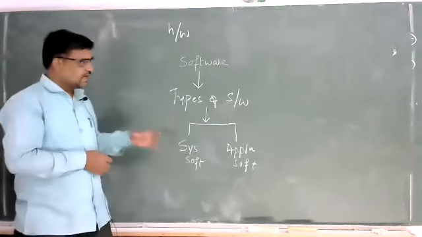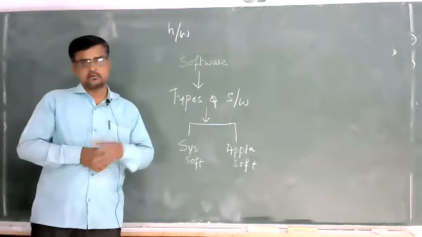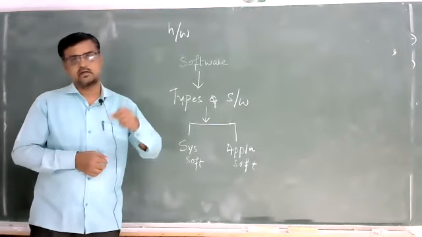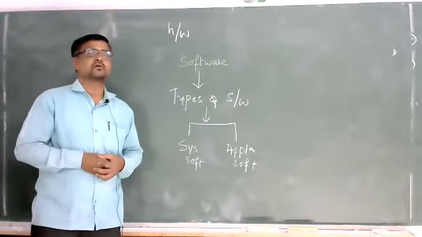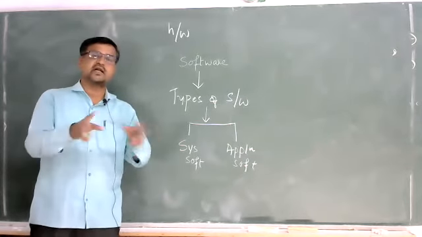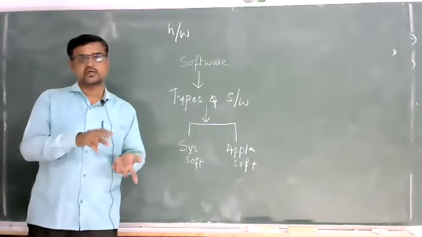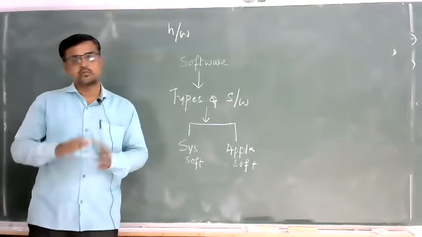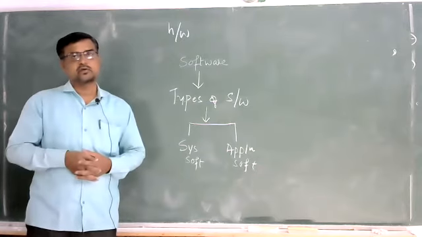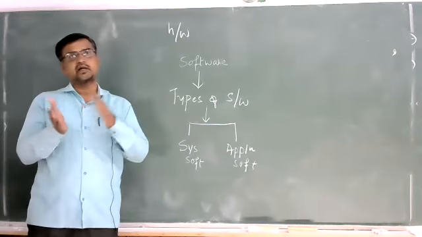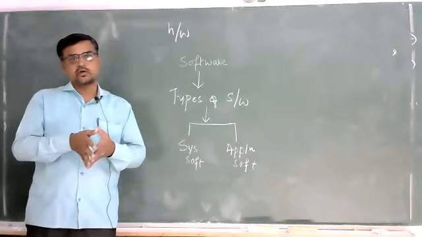So we need one particular set of programs which can interact with these hardware devices. Keyboard should interact with the CPU. Mouse should interact with the CPU. Hard disk should interact with the CPU.